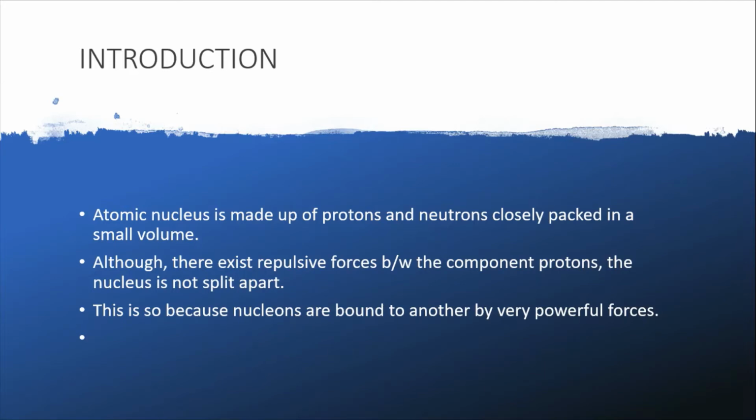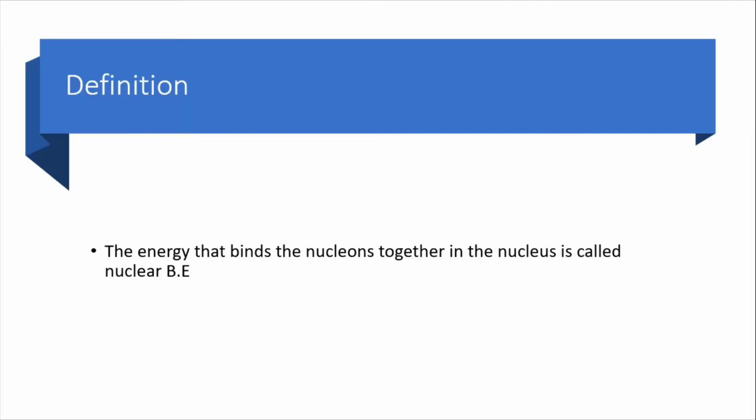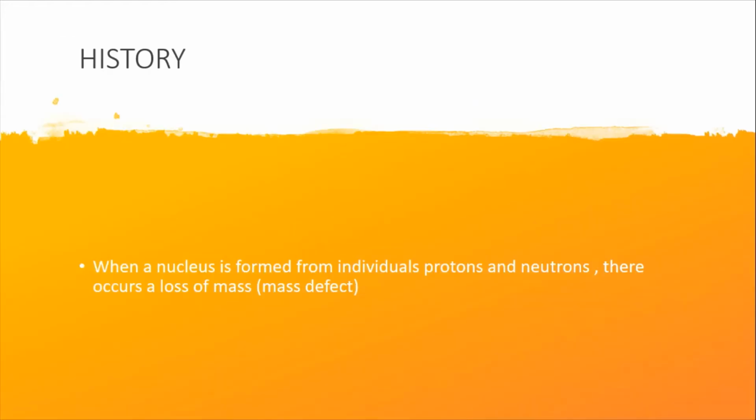Next is the definition of binding energy. This is a supplementary definition: the energy that binds the nucleons together in the nucleus, that doesn't cause them to move apart, is called nuclear binding energy. If we talk about the history, when the nucleus is formed from individual protons and neutrons, there occurs a loss of mass.